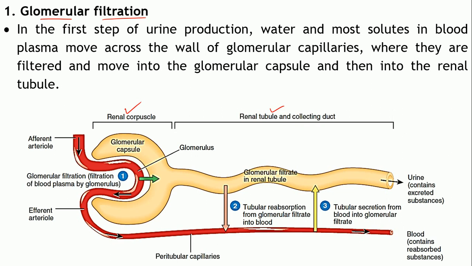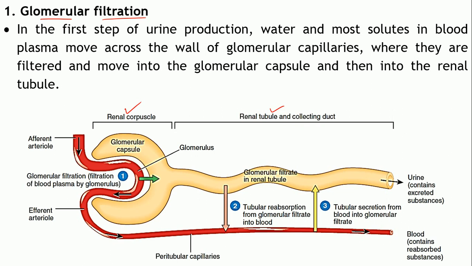So for simplification, just the parts are signified over here, that is the renal corpuscle and the renal tubules. So that's your glomerular capsule, and this is actually the network of capillaries, but it is just shown as one single blood vessel. It is not like this usually. It is a network of capillary, right?